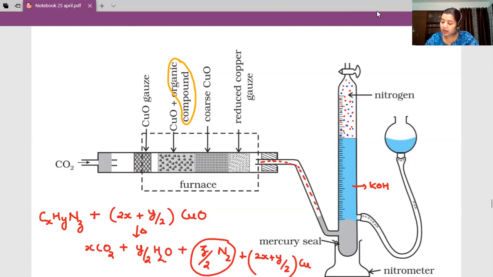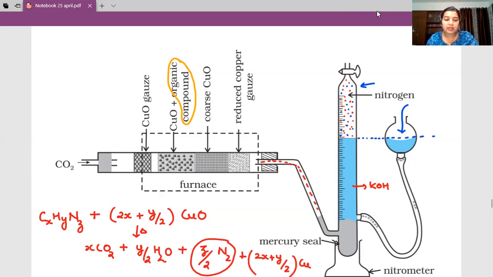Now here I have this bulb. Sorry, not a mercury bulb. I'll adjust this bulb so that the pressure on this side becomes equal to the pressure inside. For that, I have to bring both the liquids at the same level.